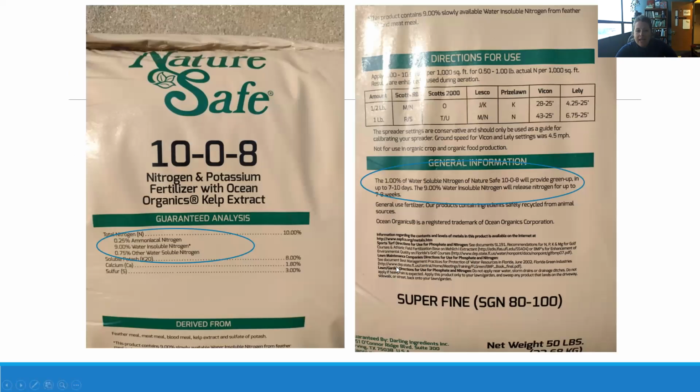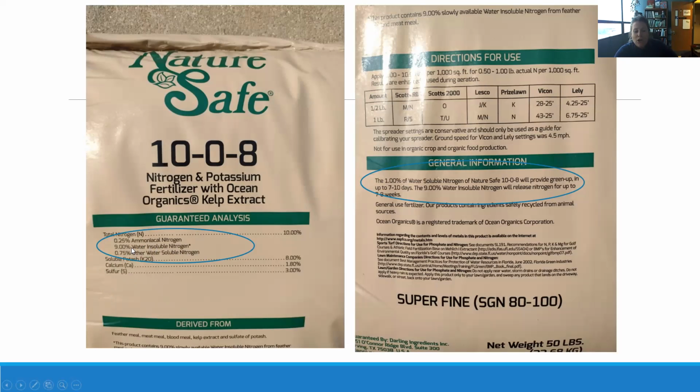Here is an example. This is a 10-0-8 nitrogen and potassium fertilizer with Ocean Organics kelp extract. This is a great fertilizer. It goes on really well and mixes really well with the soil. But you can see 9% water insoluble nitrogen.